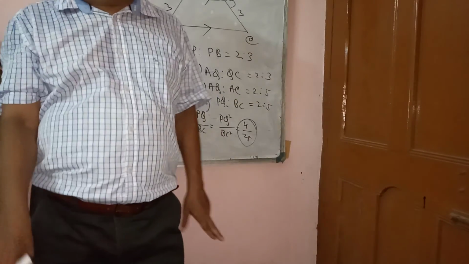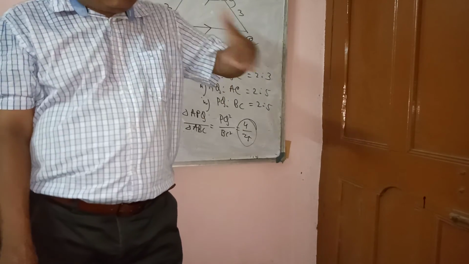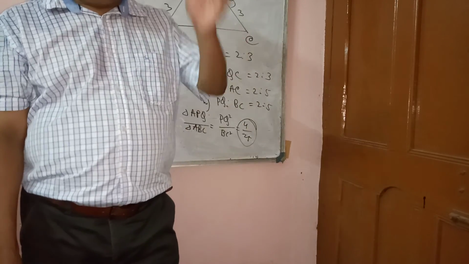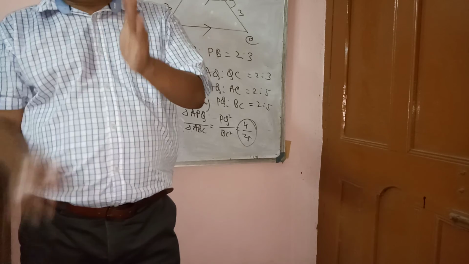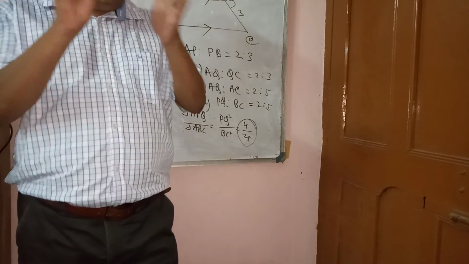If two triangles are not similar but have a common vertex and their bases are on the same straight line, then the ratio of their areas always equals the ratio of their bases.